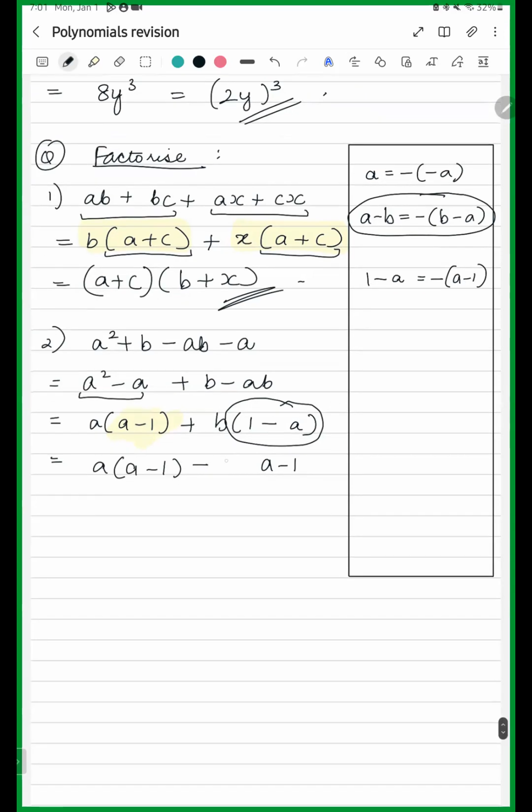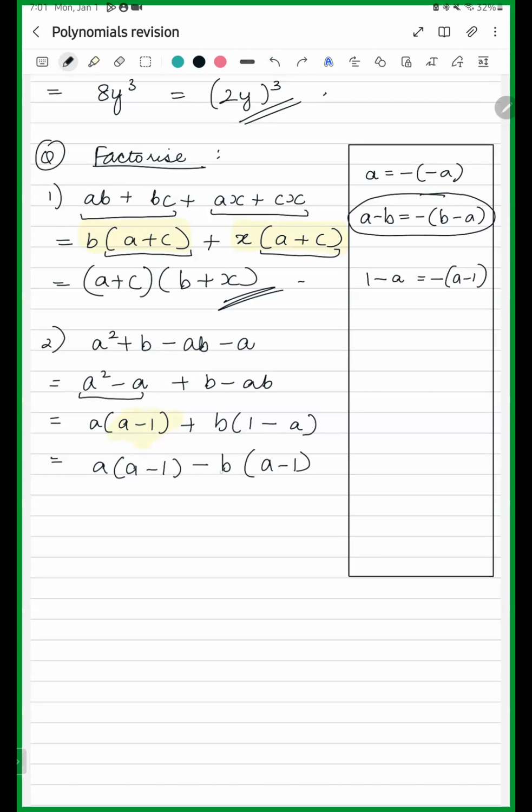So the B stays as it is, and we have made some modifications in the bracket so that it becomes the same as the bracket that we wanted. We have not broken any rules of maths.